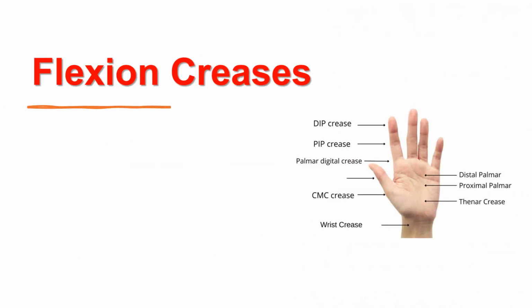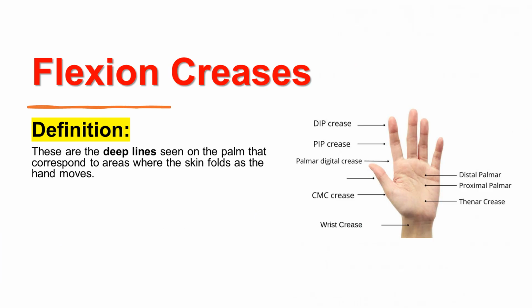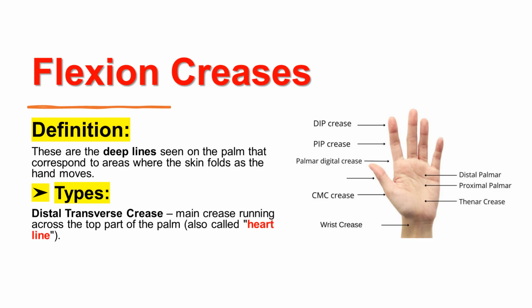7. Flexion creases. Definition: these are the deep lines seen on the palm that correspond to areas where the skin folds as the hand moves. Types: distal transverse crease, the main crease running across the top part of the palm, also called heart line.